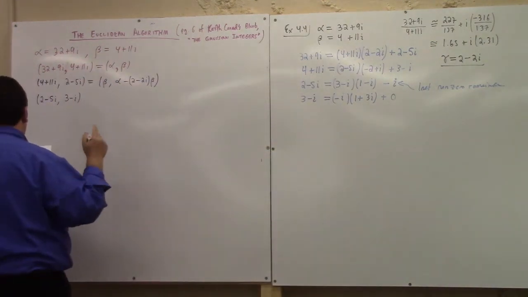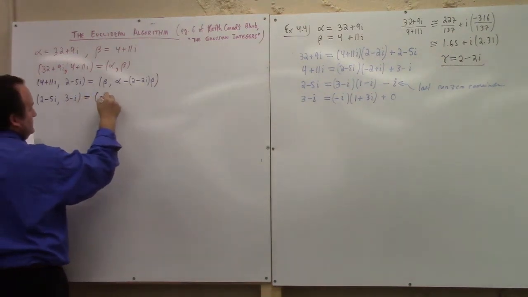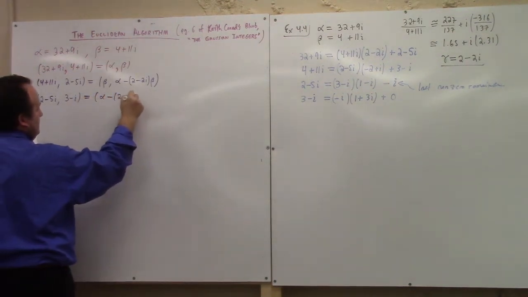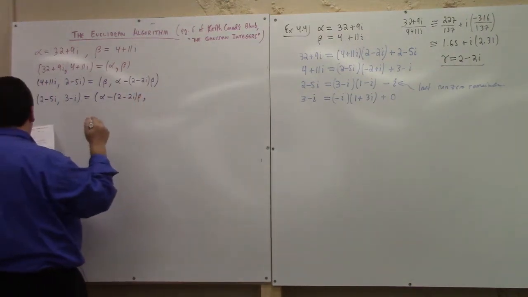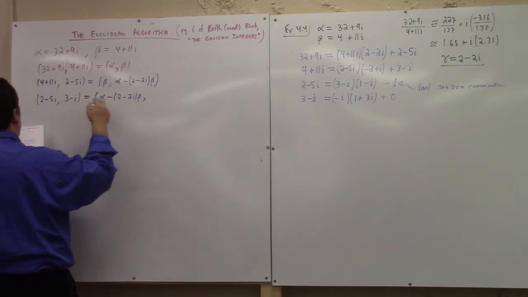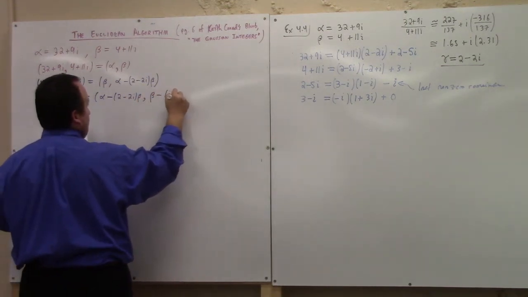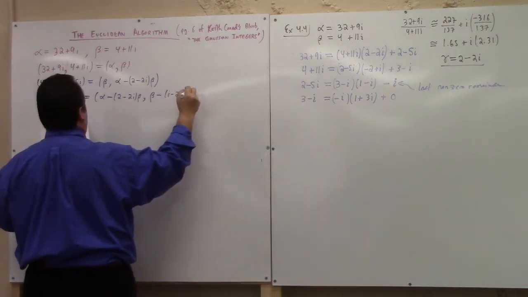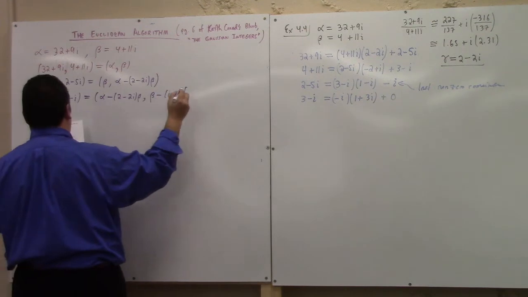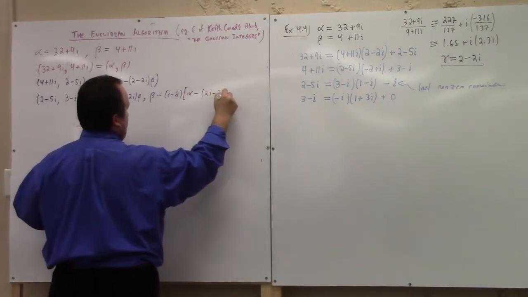And anyway, here it is. So we have alpha minus 2i beta. And then how did we get the second thing? Well, how did we get this 3 minus i? Well, we did beta minus parentheses i minus 2, and then of this thing, right, which was alpha minus 2i minus 2 beta.